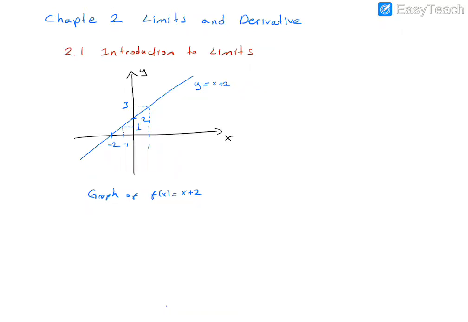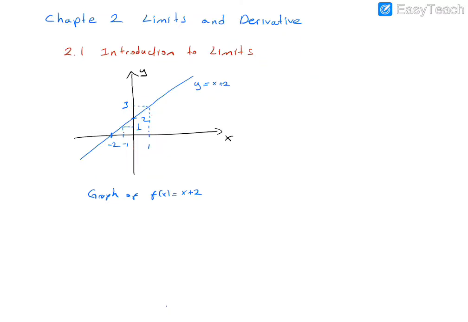So here the domain values -1, 0, 1 are associated with the x-axis, and the range values, f of -1 which is 1, f of 0 which is 2, f of 1 which is 3, are associated with the y-axis.